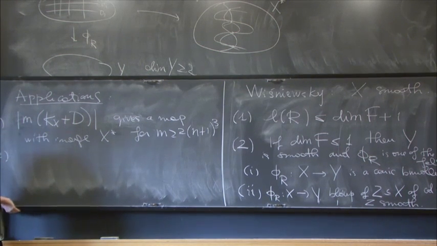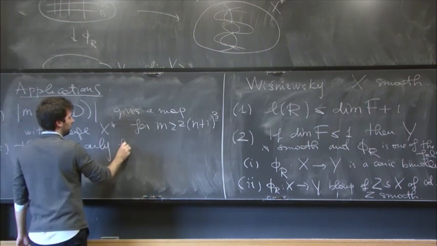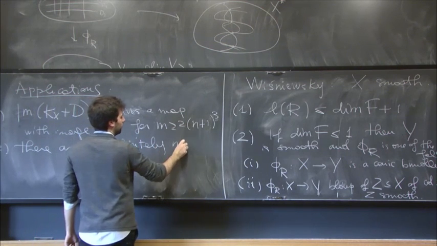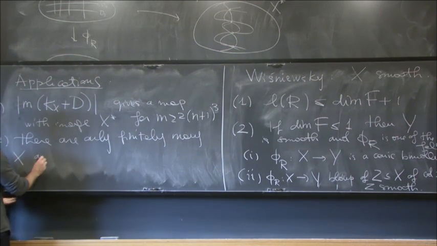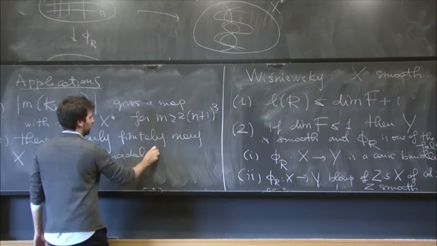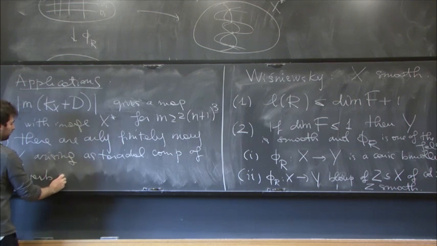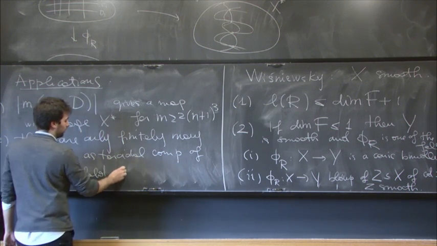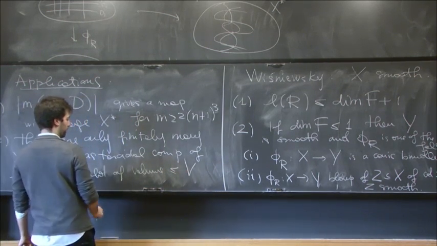So using this, you can prove that there are only finitely many X arising as toroidal compactifications of hyperbolic manifolds of volume less than some fixed volume, and of course of fixed dimension.